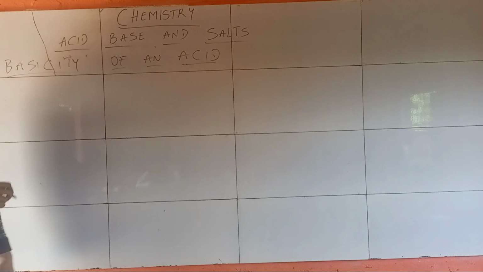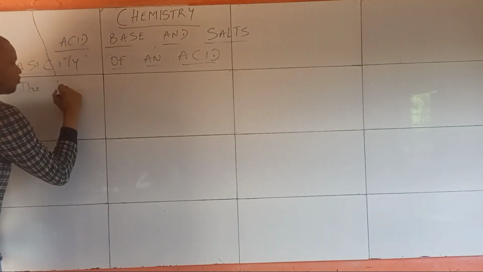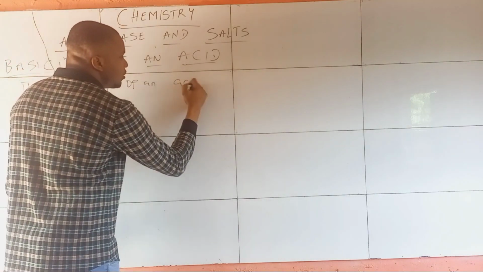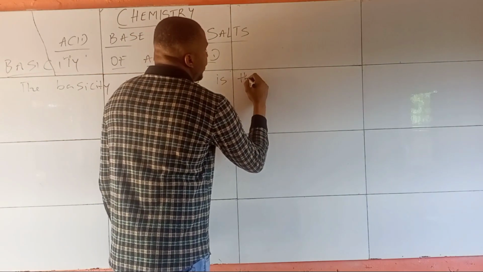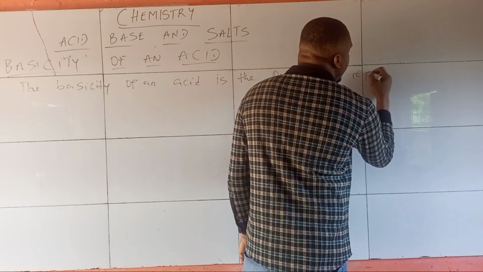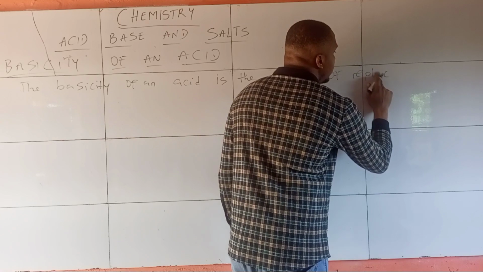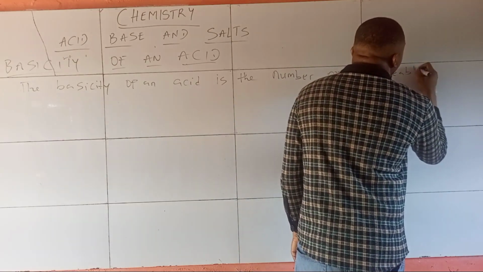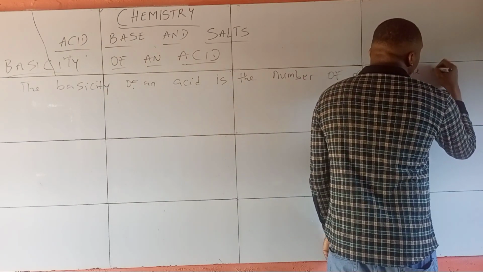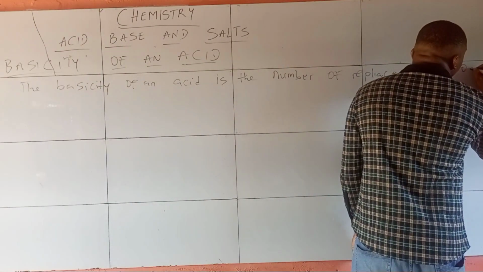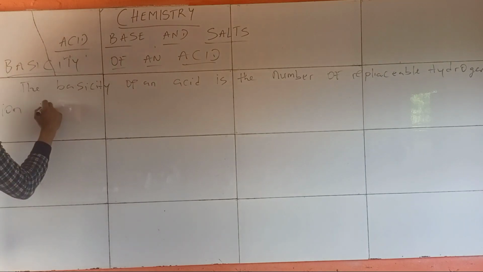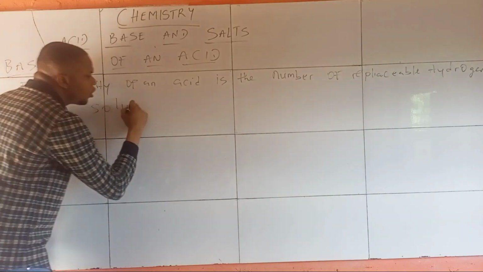The basicity of an acid is the number of replaceable hydrogen ion in a solution.